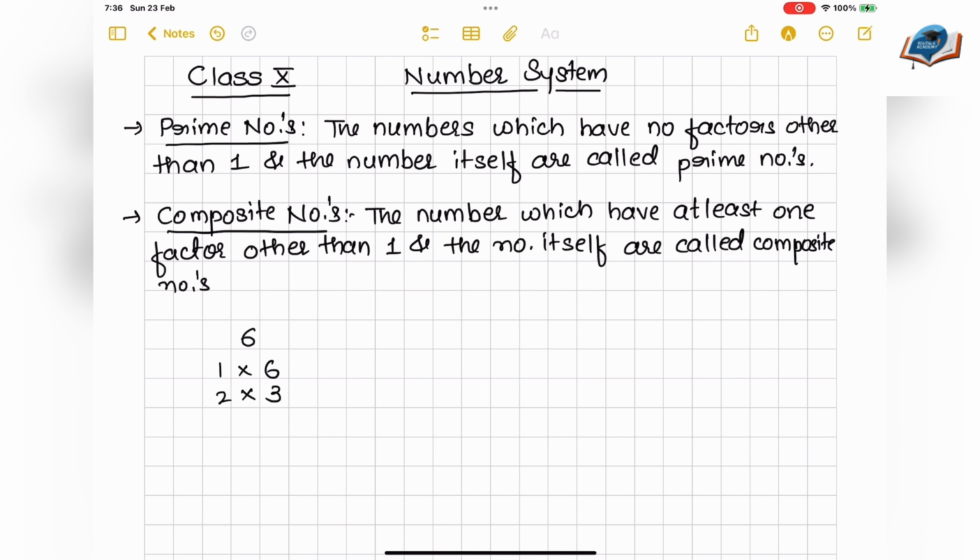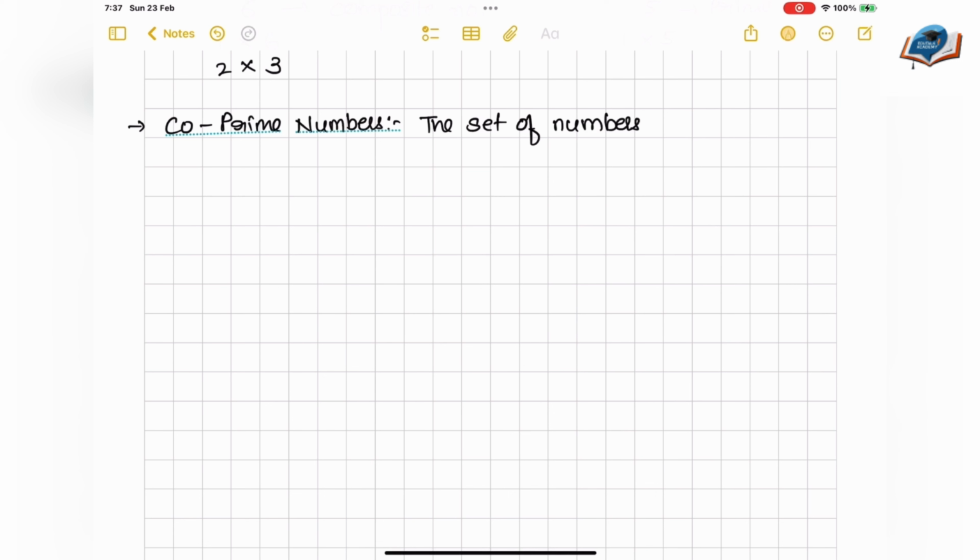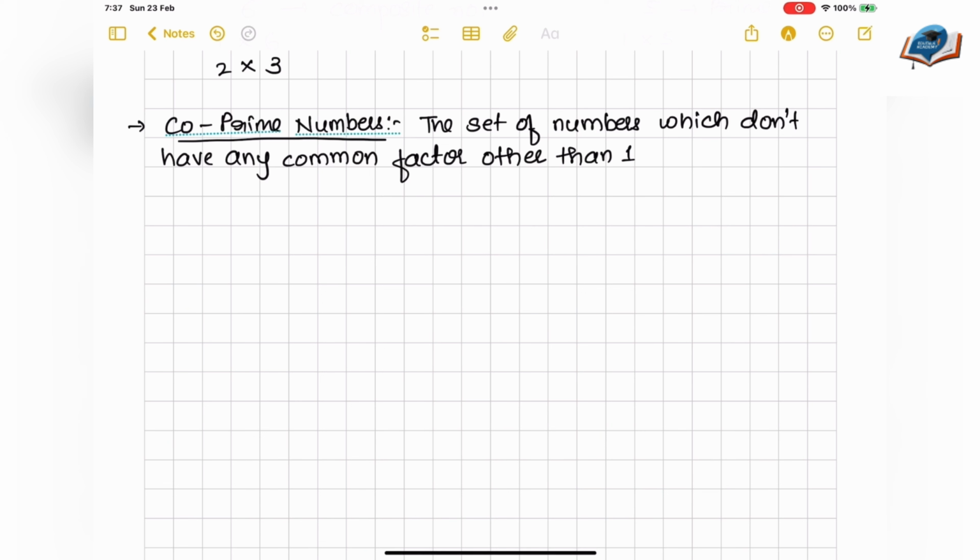Co-prime numbers: the set of numbers which don't have any common factor other than 1 are called co-prime numbers.